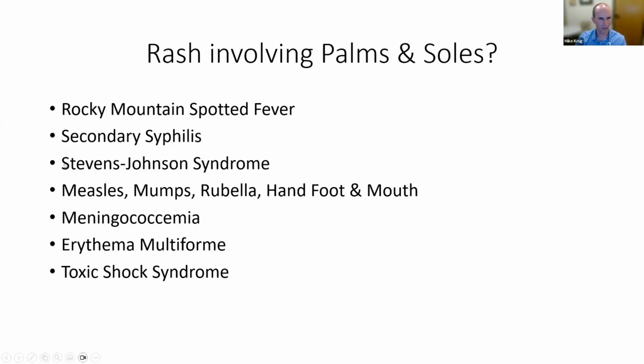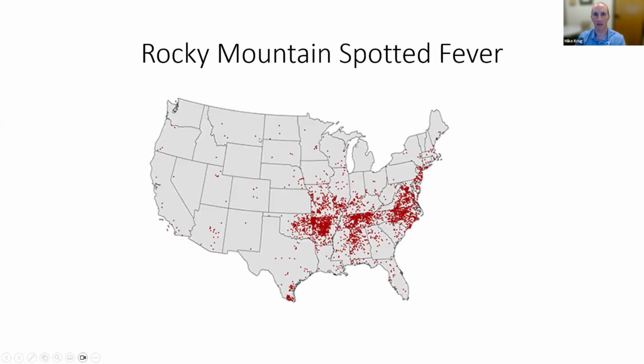I don't think I have it in me to remember a differential of seven. I think like three. But anyways, toxic shock syndrome is on there. Rocky Mountain spotted fever is on there. Rocky Mountain spotted fever is, of course, one of the worst misnomers in medicine. This is the case distribution list in the U.S. You see here, it's in sort of like the mid east or whatever. I don't know what you're going to call it.